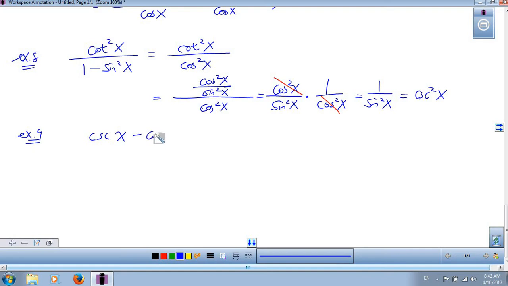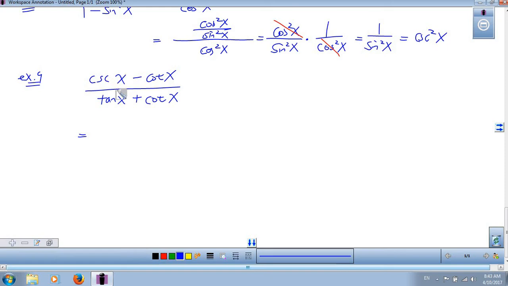Cosecant x minus cotangent x divided by tangent x plus cotangent x. Okay. Now on first look, this one seems very weird because we don't know how to write everything, how to relate everything. Well, they are all related in such a way.